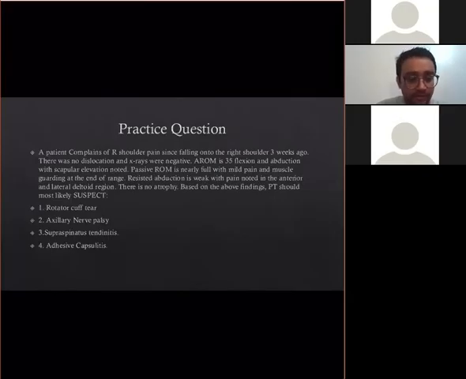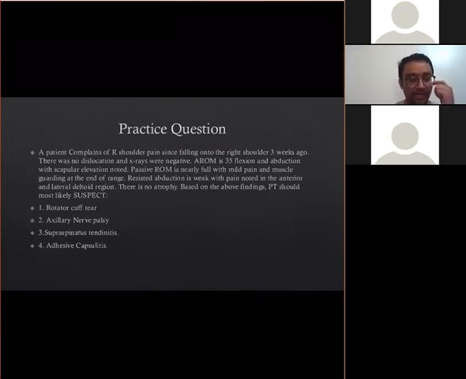Very good. The question is going to give you all kinds of clues in there. The question itself tells there is no atrophy. That means the nerve is not involved. Another thing is, there is some abduction range. Yes, the patient is able to do some active abduction range. That means the muscle is still firing.